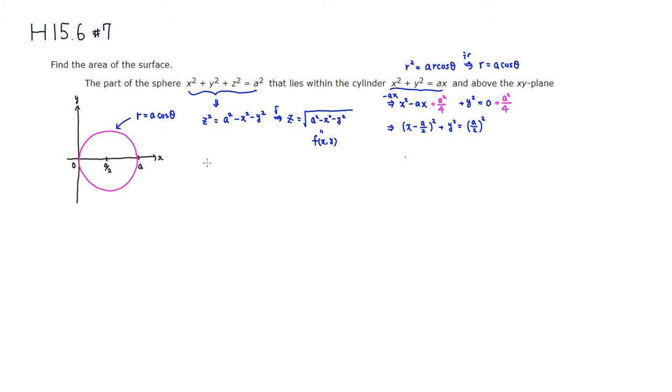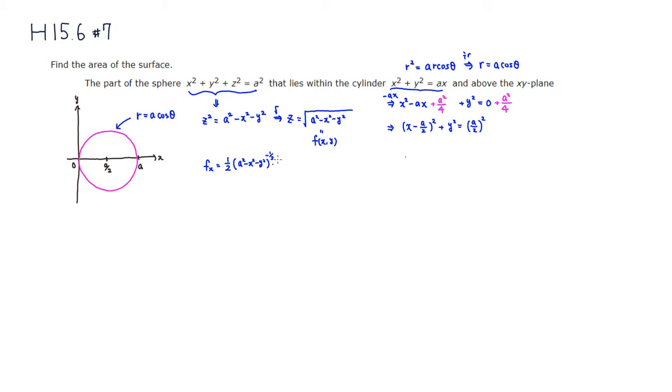Let's find the partial derivative of f with respect to x first. It's a 1/2 power, so it's a 1/2, keep the same quantity, a squared minus x squared minus y squared, and subtract 1 from the power, so it's going to be negative 1/2 power.